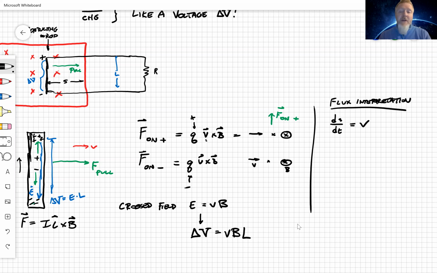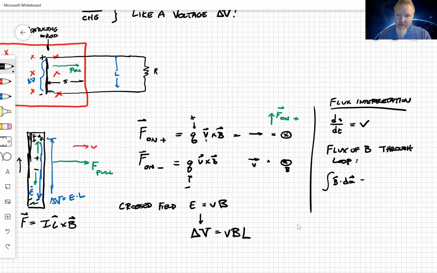What happens here is that if you look at the flux of B fields, let's take a snapshot of this and look at the flux of B through the area of the loop. But most of the loop is outside the B field as I've drawn it, so we can only look at the area of the loop that has the B field in it, which is that distance s. So the flux of B through the loop, we would have written as B dot dA.